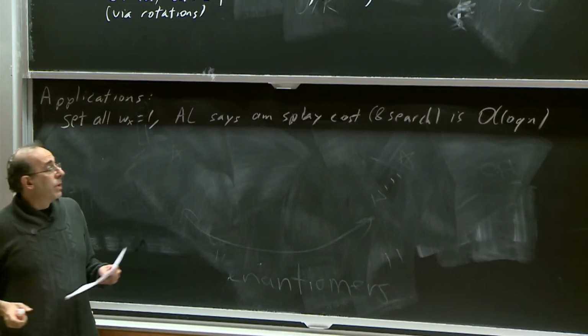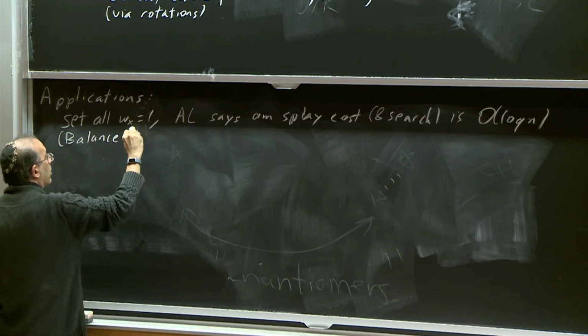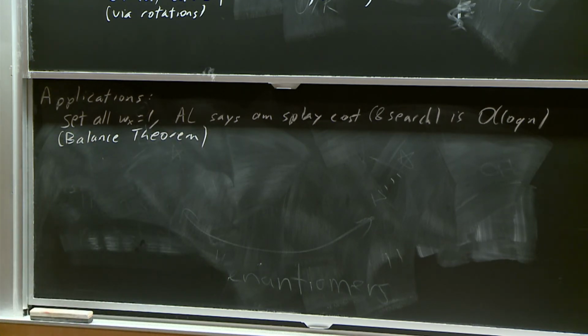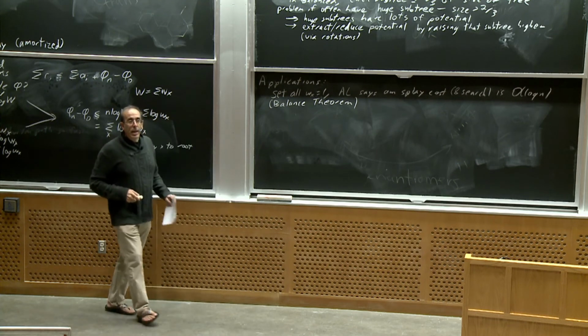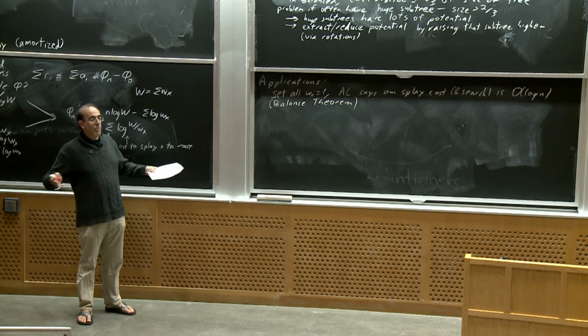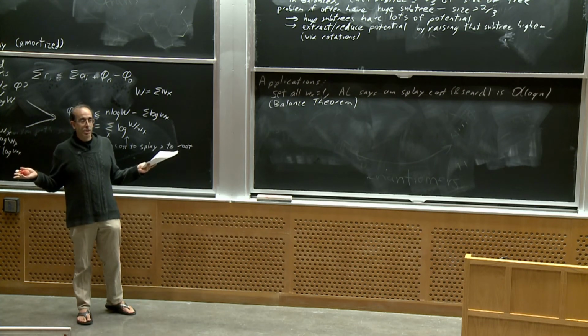And this is known as the balance theorem. It says that splay trees are just as good as balanced binary search trees, even though they're not balanced. Okay. But we can do a lot more, okay? Because again, the access lemma was proven without any assumptions about the weights. Okay, so I can pick different weights and get a different result about the amortized cost of doing searches.